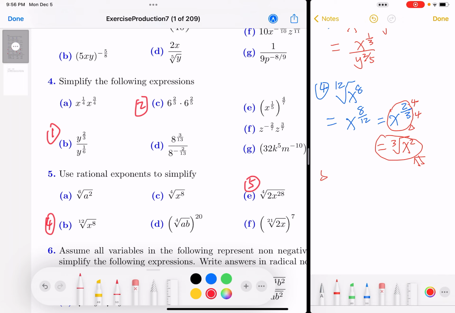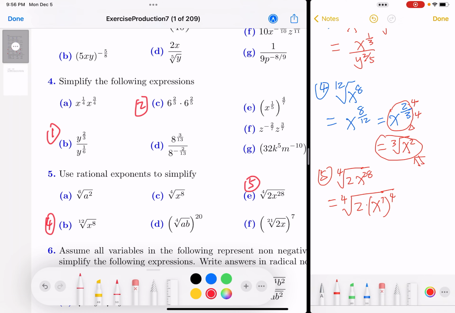Okay, question 5. Question 5, you have a 4th root of 2 times x to the 28th. Here is 2, and then remember, 28 is 7 times 4.